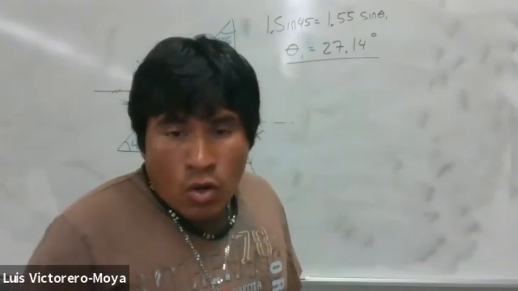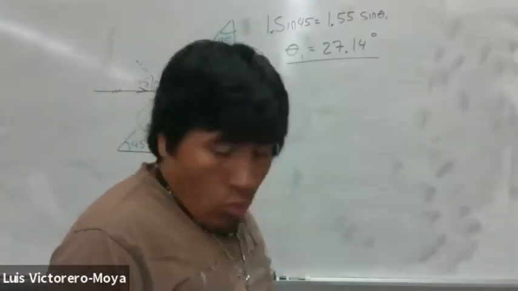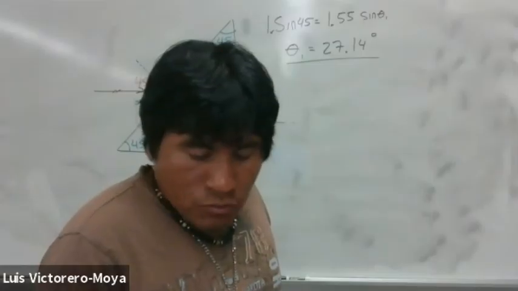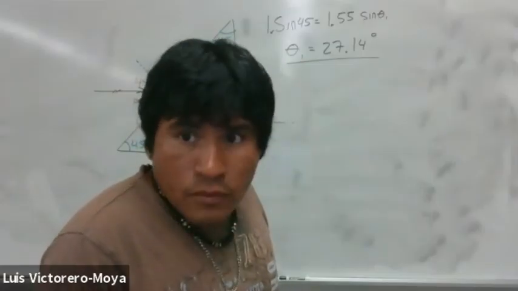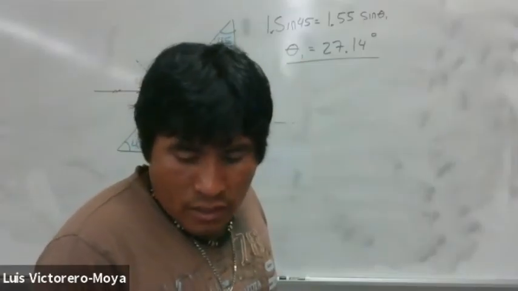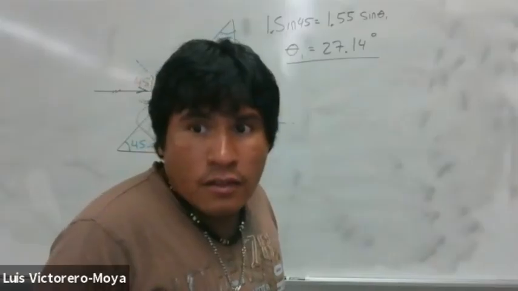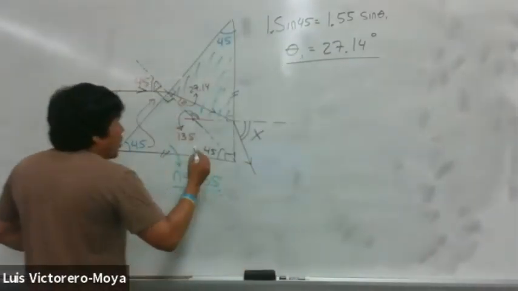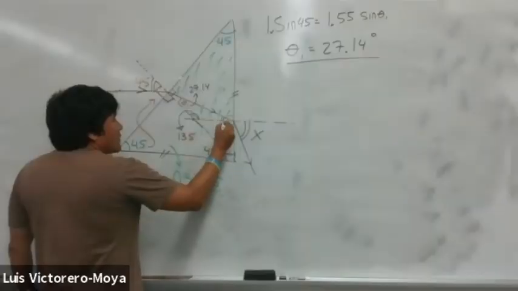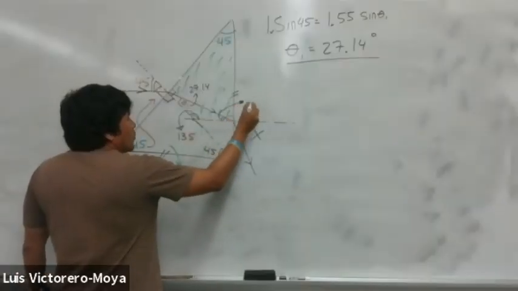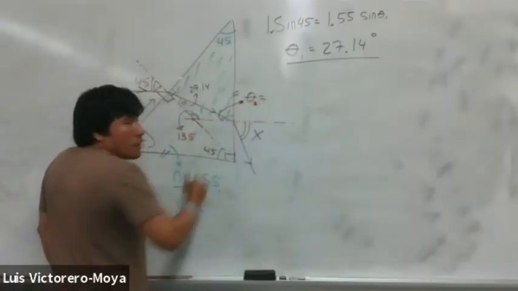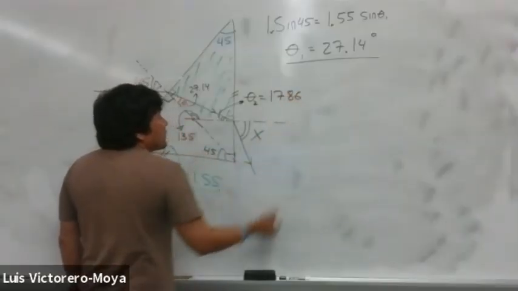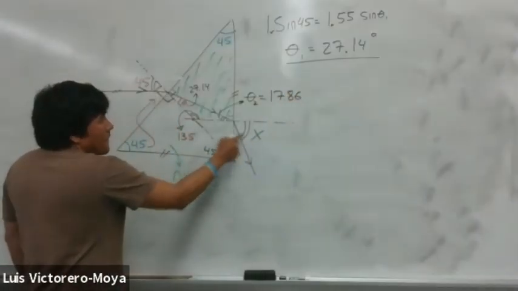Yeah. So now we have 135 plus 27.14, 162.14, 180 minus that is 17.86. So the angle of incidence here, let's call it theta 2, is 17.86. How do I find x?